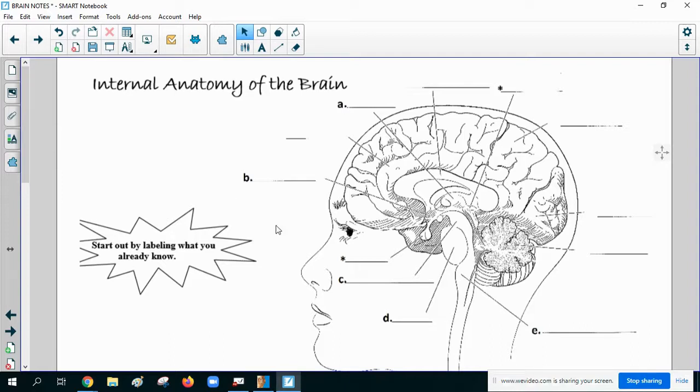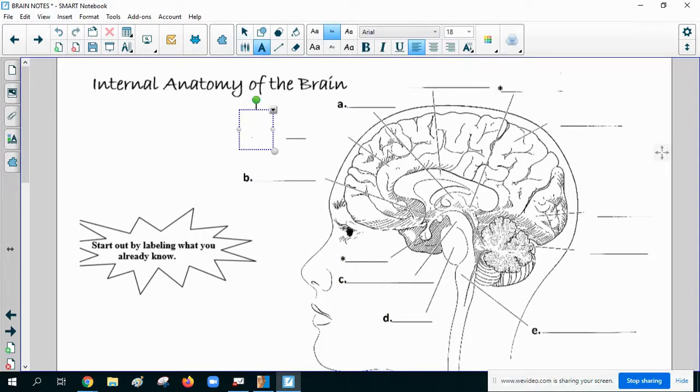So let's start there. The first one I want to label is this section of the cerebrum right here, and that is the frontal lobe. Let's move to this section back here, not all the way in the back, but sort of upper back area, and that's the parietal lobe.